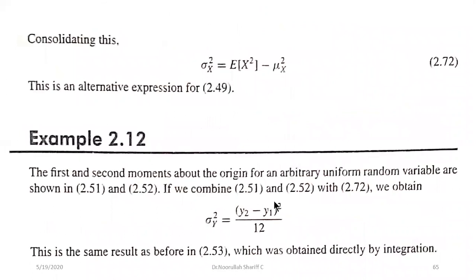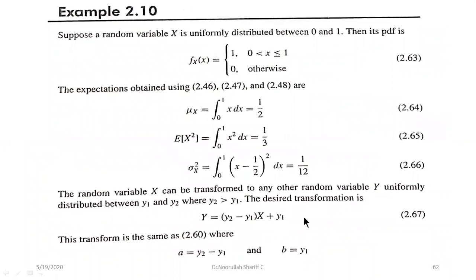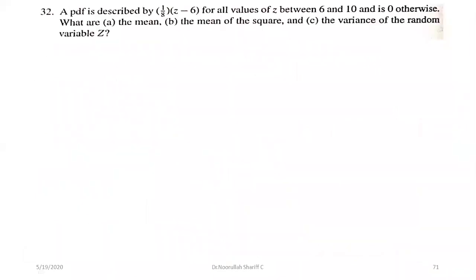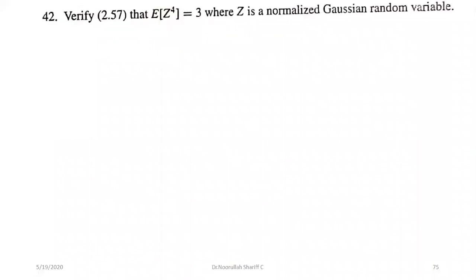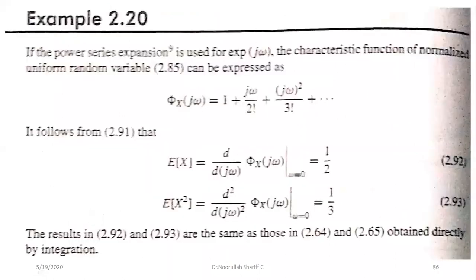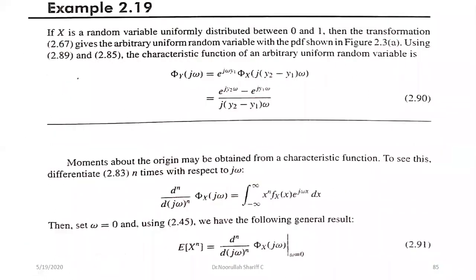So 2.67 is this: y = (y2 − y1)x + y1. If you take this equation and use it there, here we have (y2 − y1)ω.